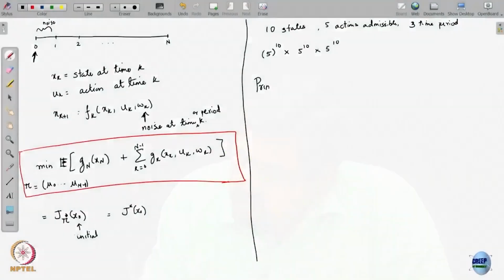Okay. So, at the cornerstone of this reduction is what is called the principle of optimality.